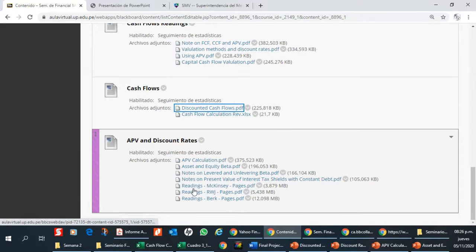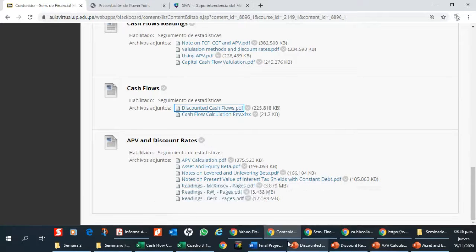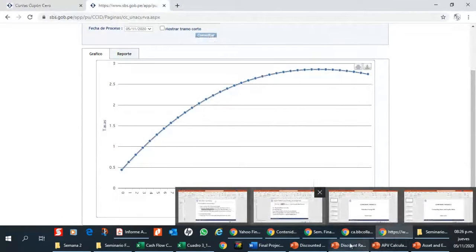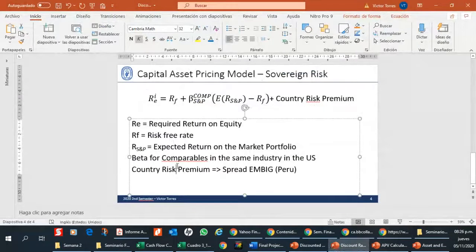I have also posted some chapters that are completely referenced. These are reference readings from McKinsey, Ryan, Rhodes, Westerfield, and Jaffe and Berk that are related to the adjusted present value calculation and the equity beta levering.